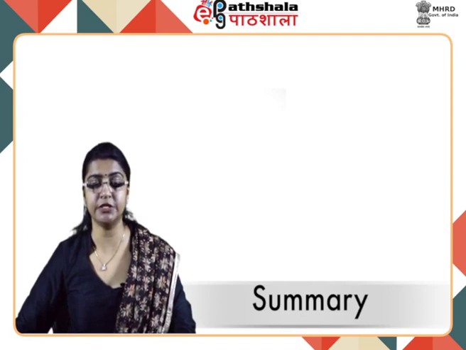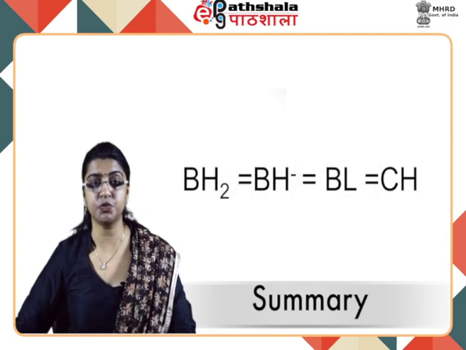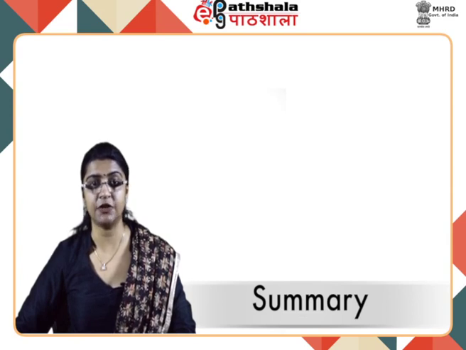We have also learned that the structures of carboranes are closely related to those of isoelectronic boranes, wherein BH is the same as B minus, which is the same as 1 carbon, and BH2 is the same as BH minus or CH. We have also learned that the structure of carboranes can be predicted with the help of Wade-Mingos rules.